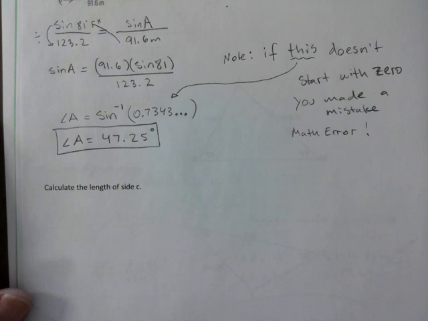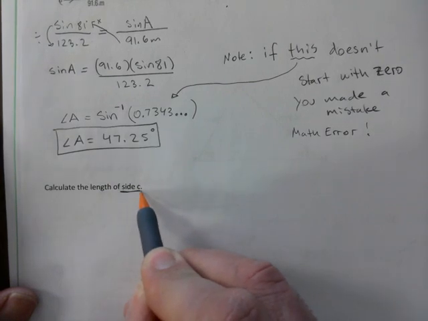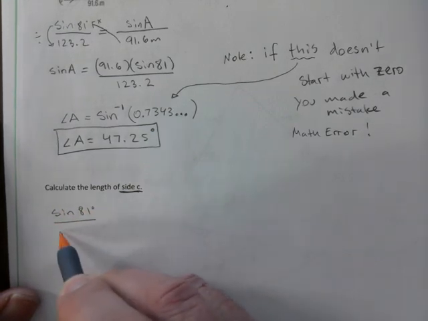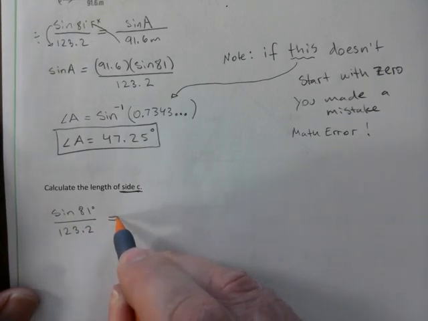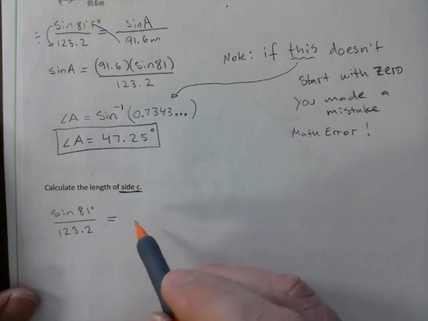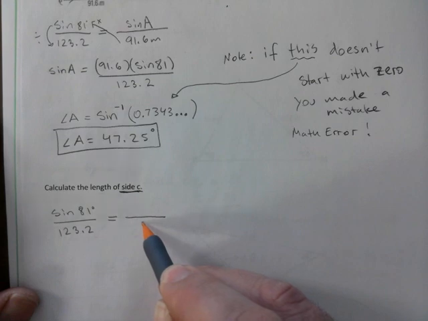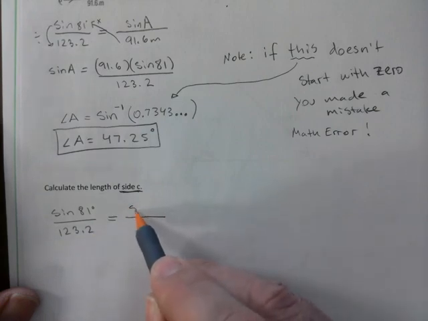Okay, so we found that angle, no problem. Now it says calculate the length of side C, right? The length of side C. Well, Mr. Dirksen keeps on telling me to use the pair that I'm given, so I will do so. If I want side C, and remember, the side length is in the numerator, if I want the side length, what do I need up top here?